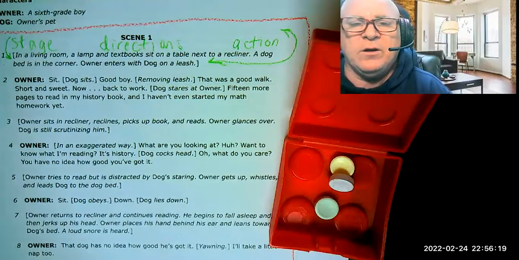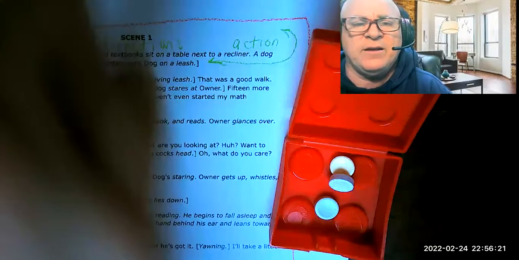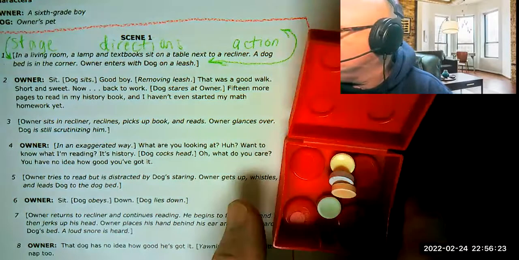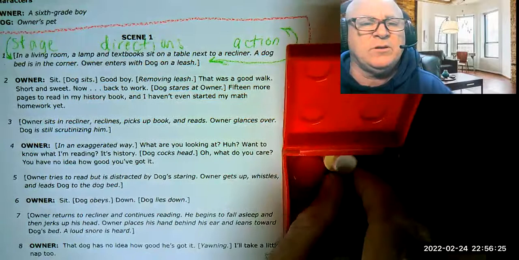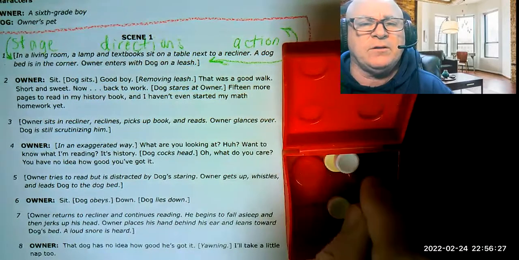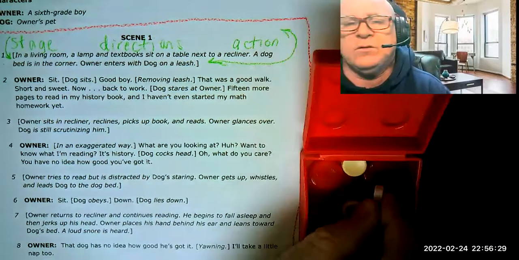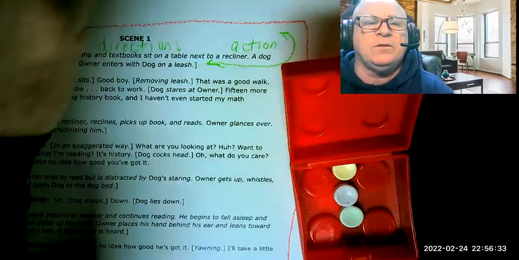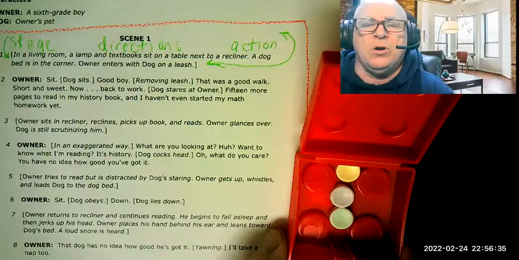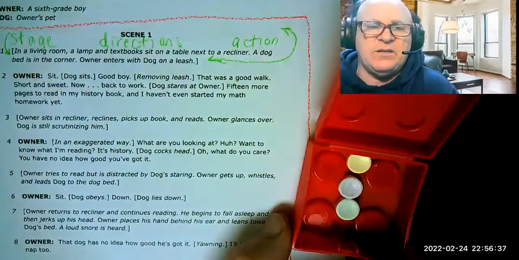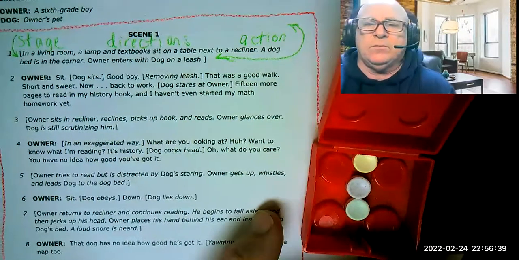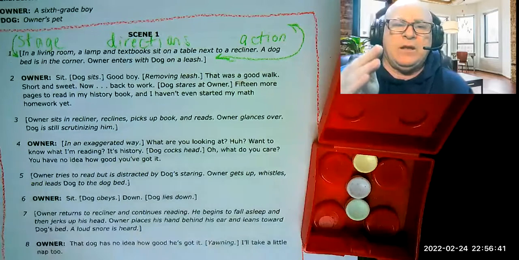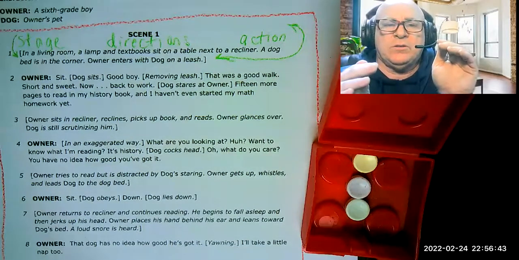So all of that, whoops, I should only have had two there because there were only three sentences for three Smarties. Line 2, owner: Sit. Stage direction: dog sits.